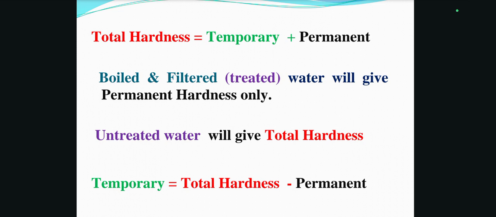So the temporary hardness formula: temporary hardness is equal to total hardness minus permanent hardness, because by using a titration method in practical, you can get the value of total hardness and permanent hardness, and after subtraction you will get the value of temporary hardness.